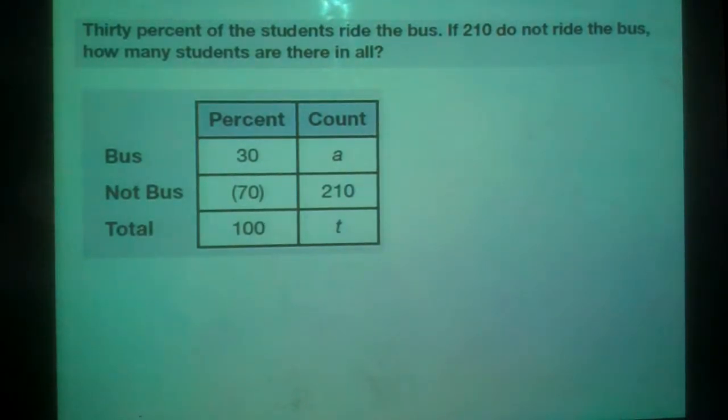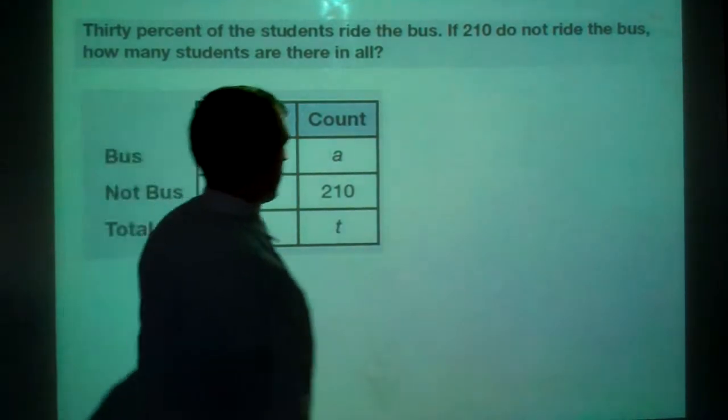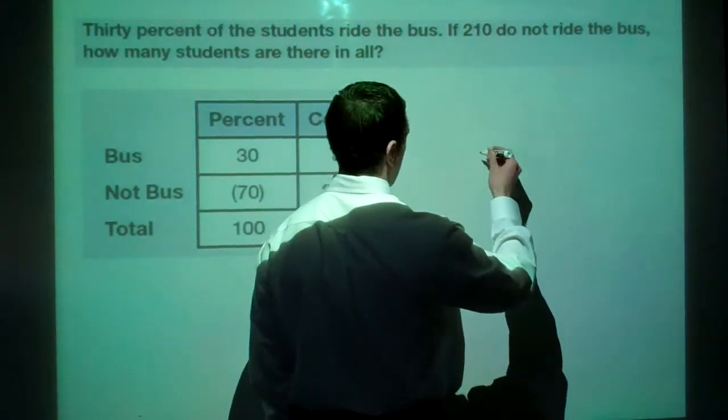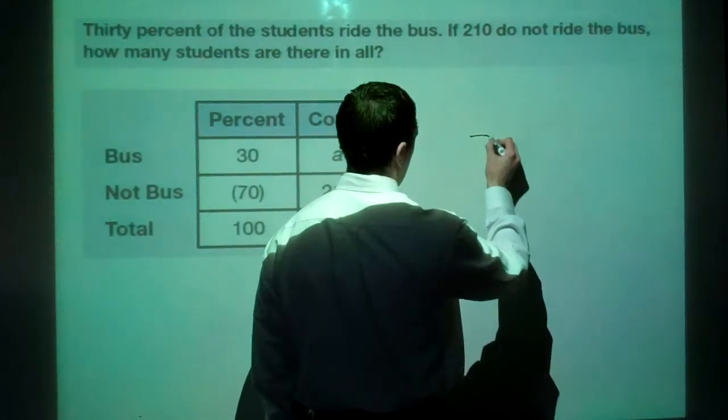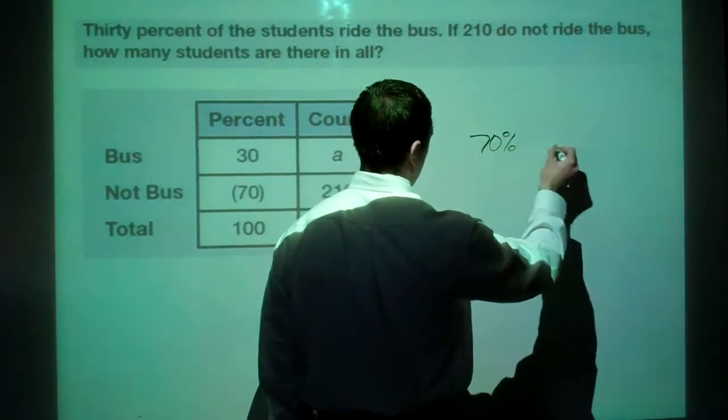One other thing we could have done here, let's look at it. It says 30% of the students ride the bus, and then it gives us how many do not ride the bus. So we know that 70% do not ride.